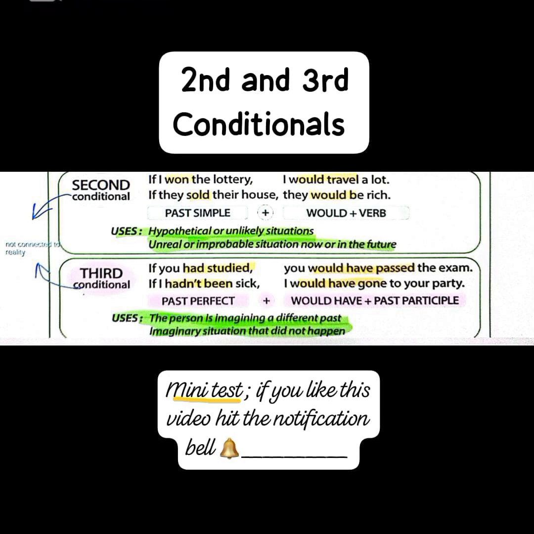That if you had won it, what would you do? In the next example, if they sold their house, they would be rich. Again, you are imagining a situation where you are thinking that if they sold the house, they would have been rich.